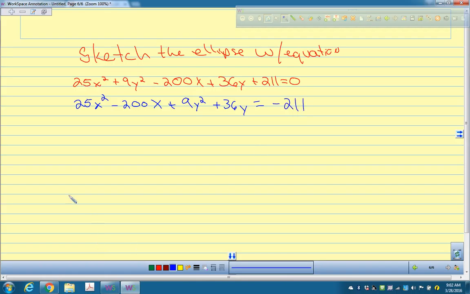Anyone want to guess what the next step is? Factor by grouping, more or less. So I'm going to pull out a 25 out of here, 25 times x squared minus 200, because I'm going to complete the square in a minute.